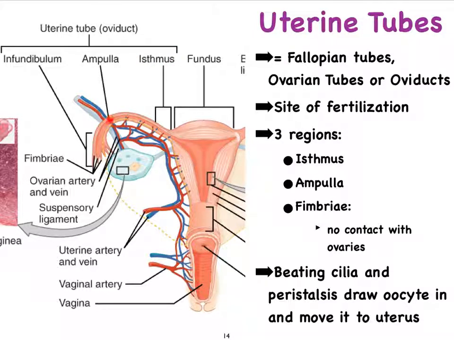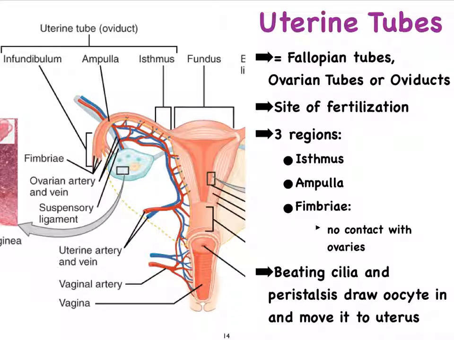Then it starts to widen, maybe better visible here, and then we call it the ampulla. When a duct widens, often it's referred to as an ampulla. And then finally we get to the infundibulum, basically the stalk, and that has these little finger-like projections that we refer to as the fimbriae.